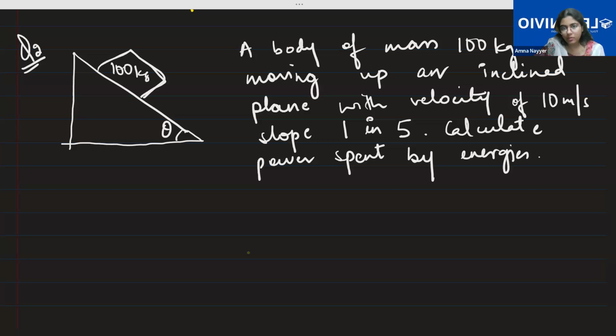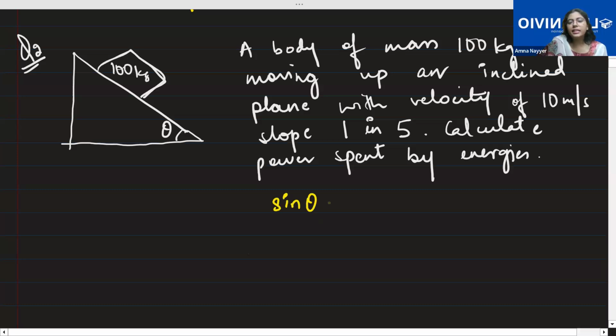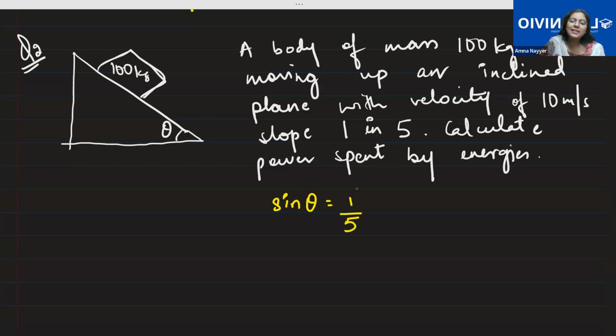Sine theta. So sine theta is given as 1 by 5. Whenever it says slope 1 in 5, that means sine theta is given to you. Using this, you can calculate the rest of the information too, but this is primarily important.